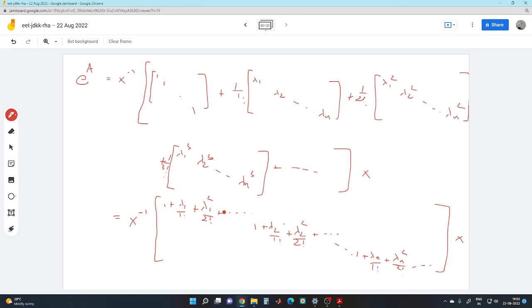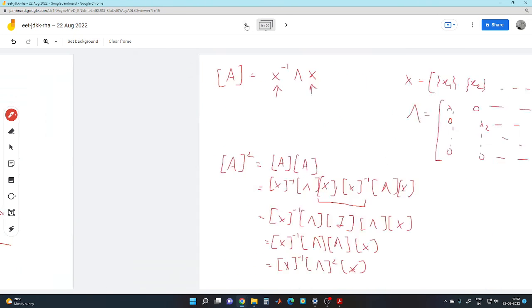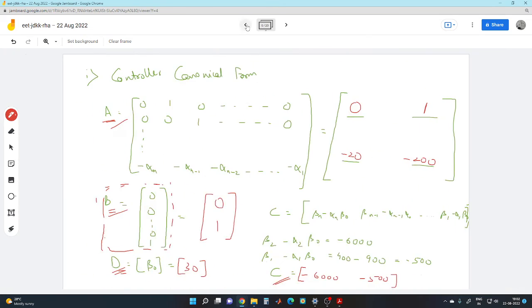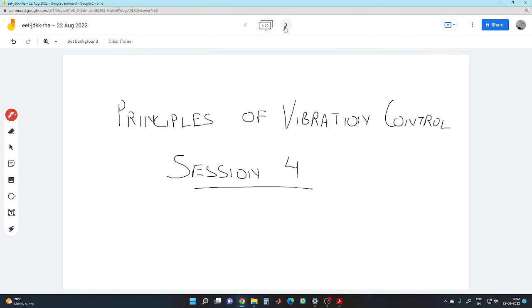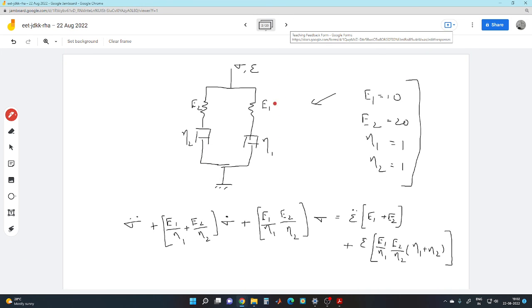Okay, so in that case, we'll just review what we have seen till now. In this live session, we first saw this 4 parameter viscoelastic model by Berger.